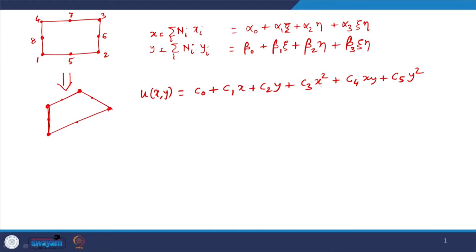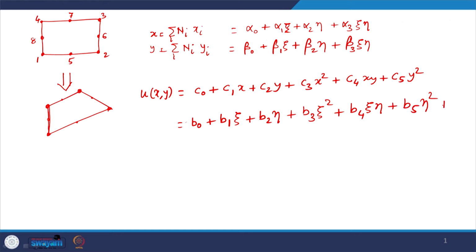So, what are the terms that we have? Quadratic terms in x square, x y and y square. So, the terms would be b 0 plus b 1 xi plus b 2 eta plus b 3 xi square plus b 4 xi eta plus b 5 eta square plus. Now, what additional terms do we have? There are products x square, x y and y square.